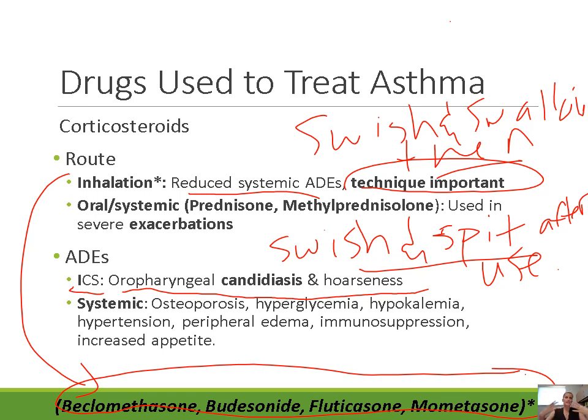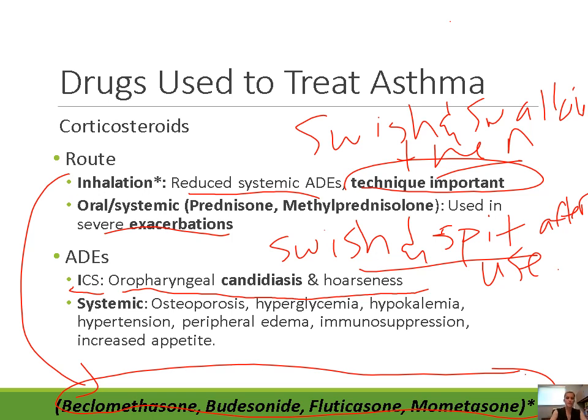Sometimes, despite adequate therapy, patients can have severe exacerbations. This tends to happen most frequently when patients have a respiratory infection, but patients can have a severe exacerbation where we see decreased oxygen saturation and bad wheezing.